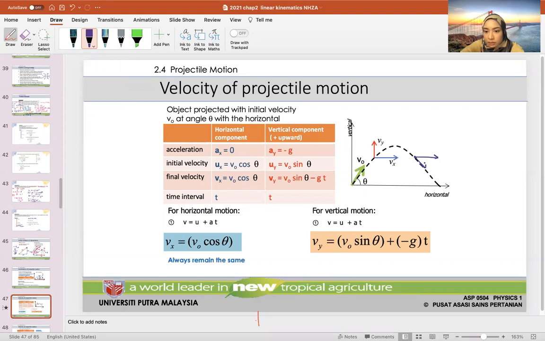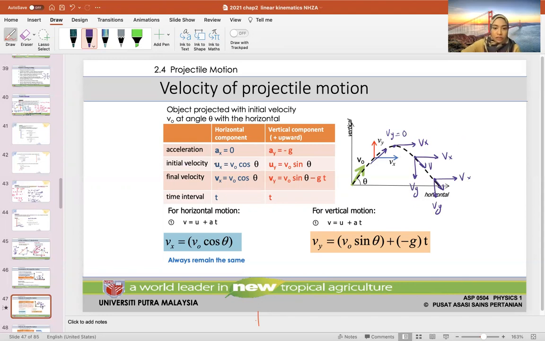It's going this way, so this is my V, my Vx is positive, and my Vy is negative. At this point, my Vx is there, but Vy has no component because it only goes this way, so my Vy is 0. At this point, Vx is positive, Vy is negative. At this point, Vy is positive, Vx is positive.